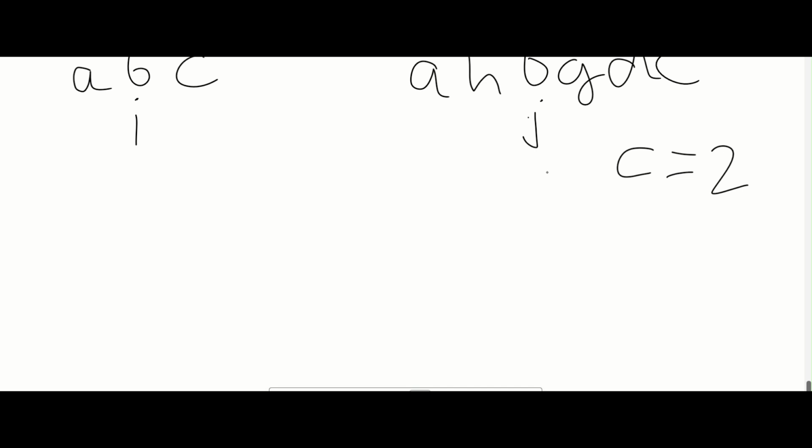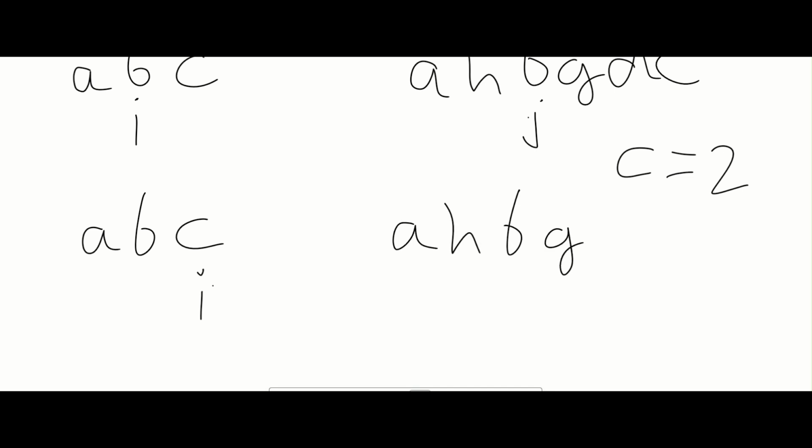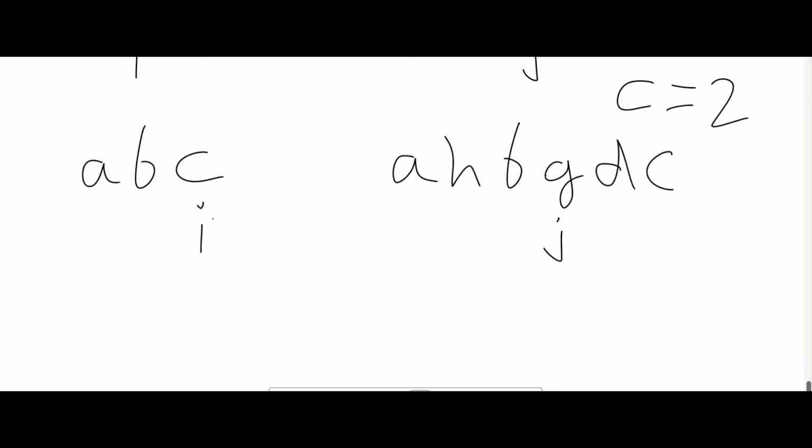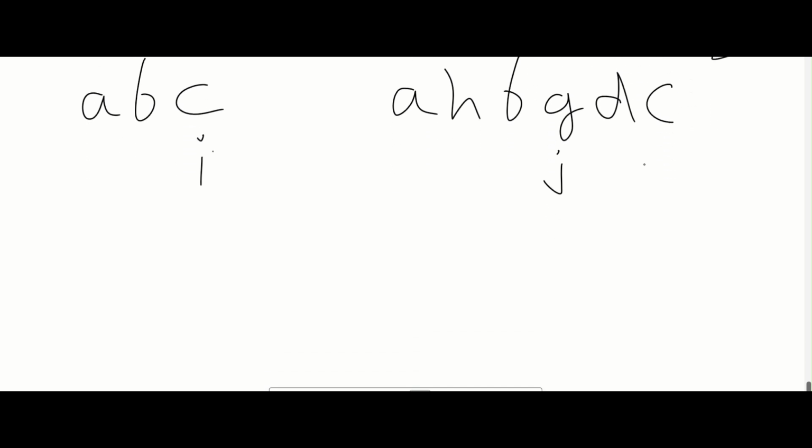Then we increase I. It's C. Now we have to find C. J is here, so C is not equal to G. We don't increase I, but we have to increase the J pointer.